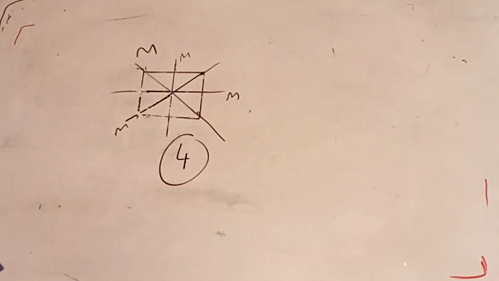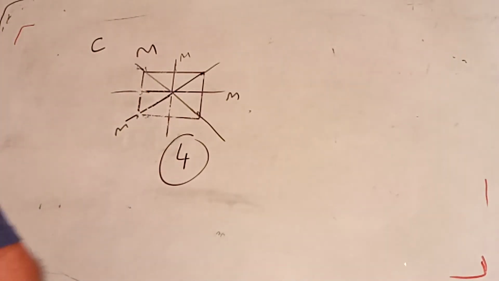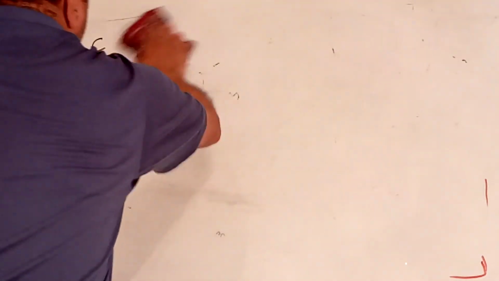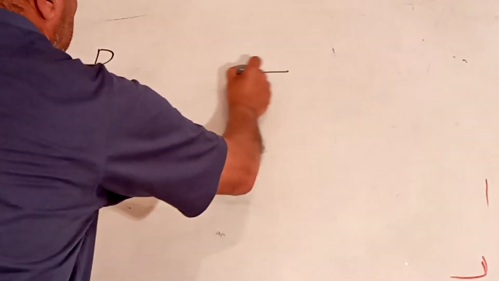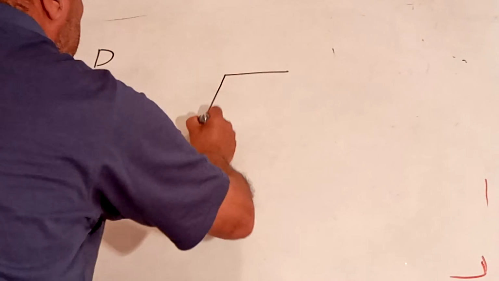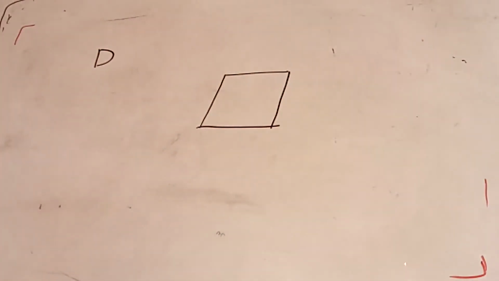Let's do number D. This is number C. Number D, let's go to D. It's like this one here. This one here, I don't see it has any lines of symmetry.